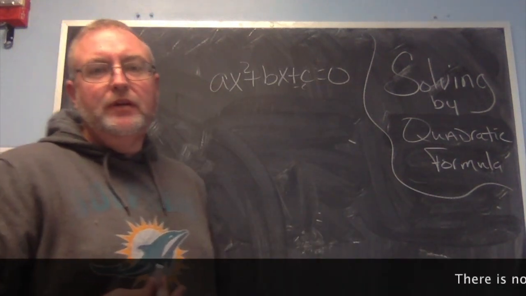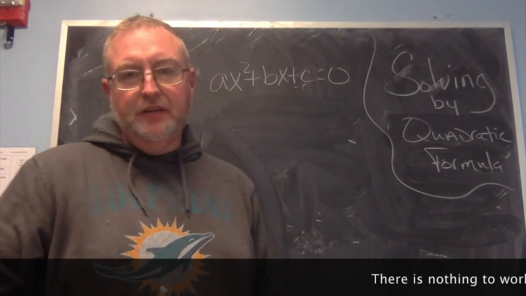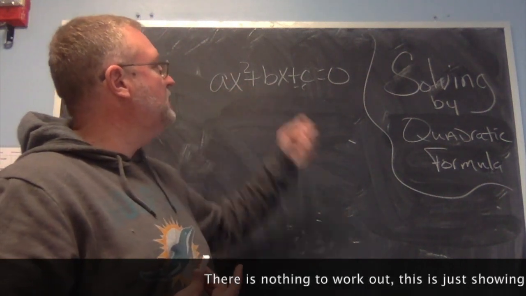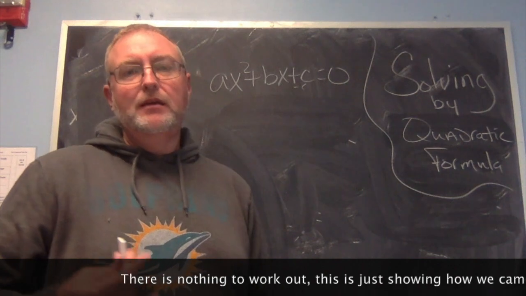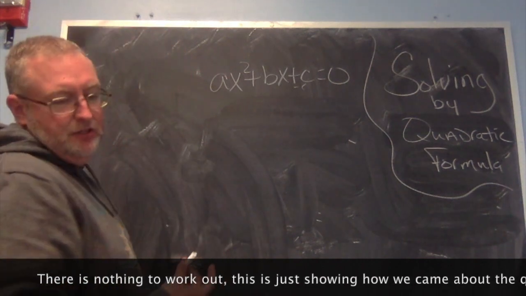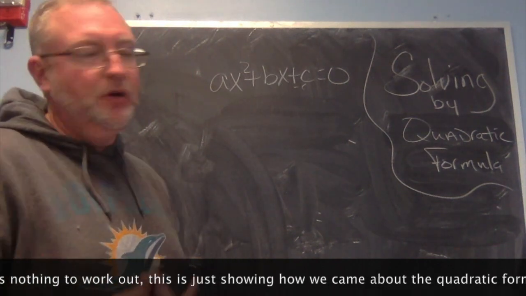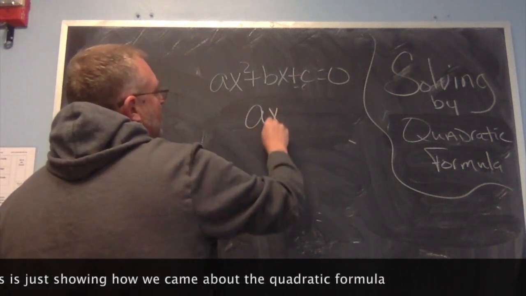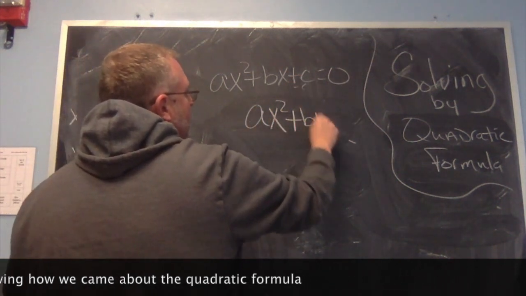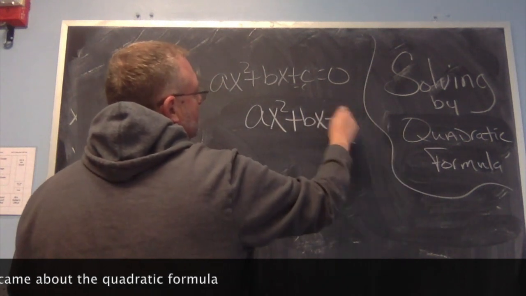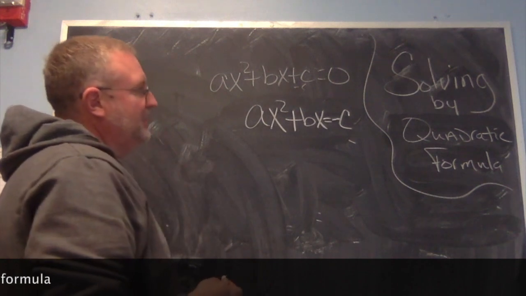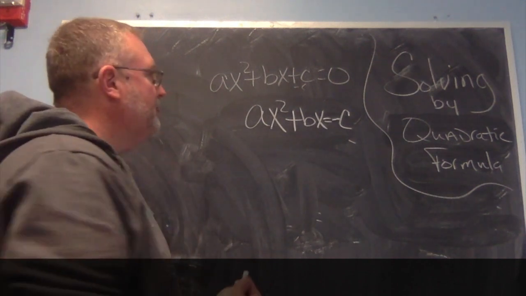All right, so in order now to get this into the quadratic formula, I have ax squared plus bx plus c equals 0. So what we have to do again is first get it into our first form by moving the constant over here. So I have ax squared plus bx equals negative c, because I subtracted the c.